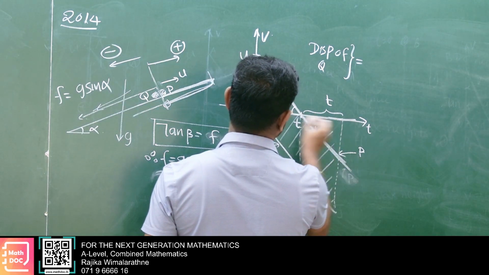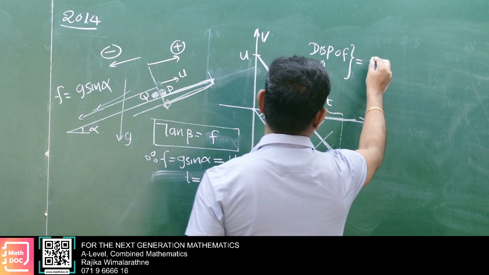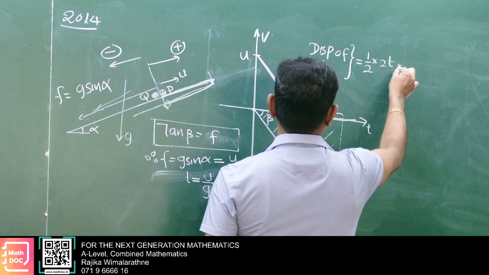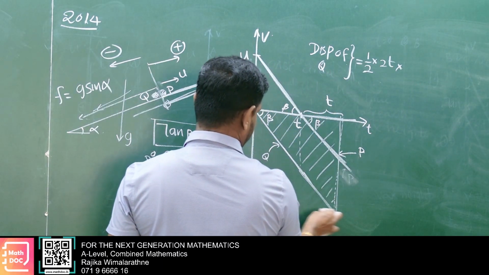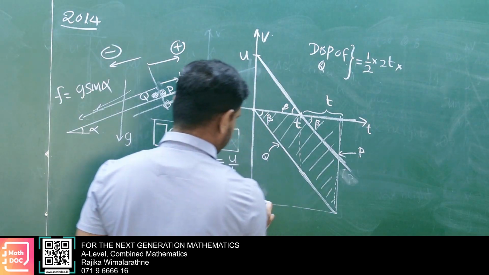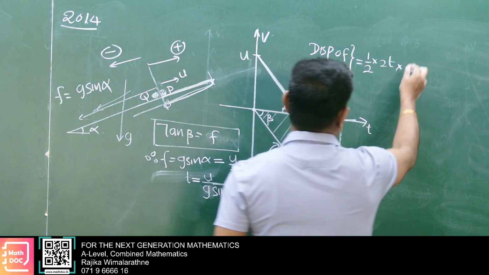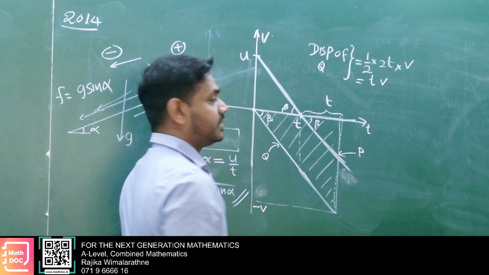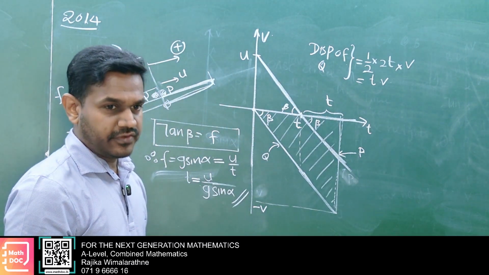Here the total time is 2t. Then it is a triangle, no? Half into 2t into the velocity v, that is tv. Now we have to find v, no?